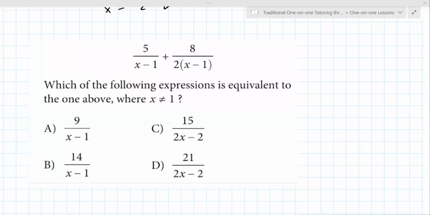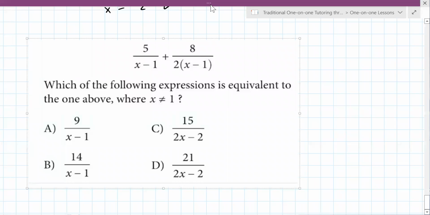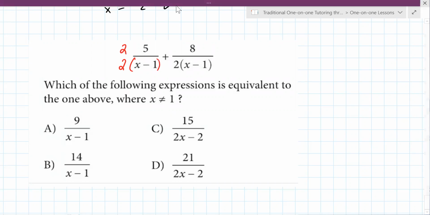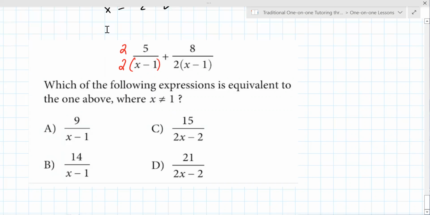So do you see that the bottoms are kind of the same, but the one on the left is missing a 2. So the top is also missing a 2. If you give a 2 to the bottom, you have to give it to the top. So 10 over 2 parentheses x minus 1.